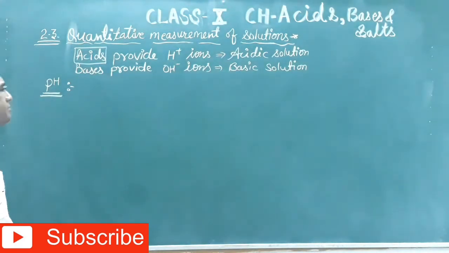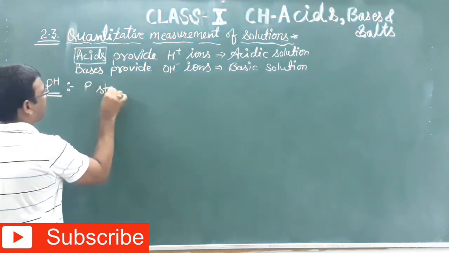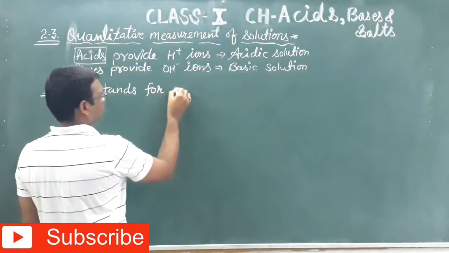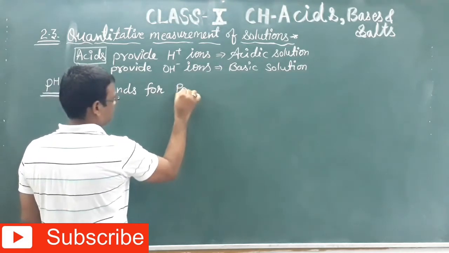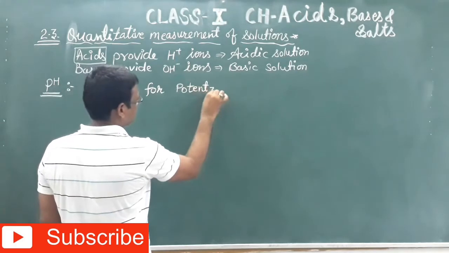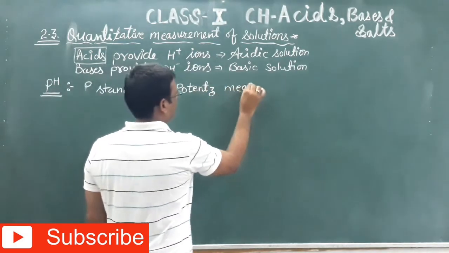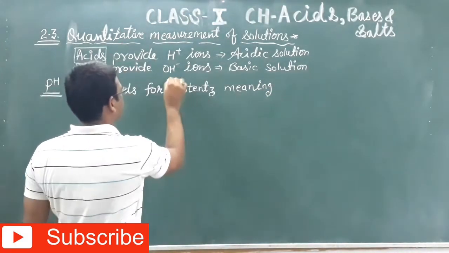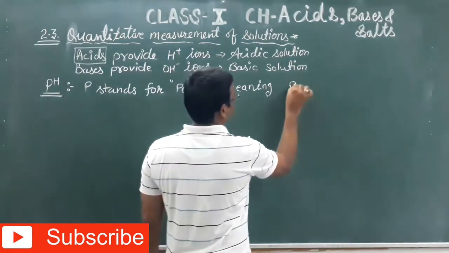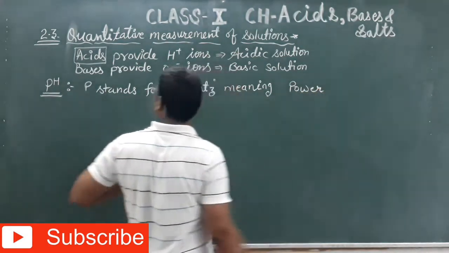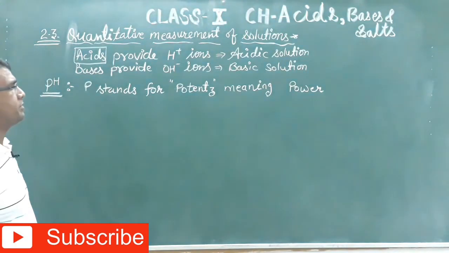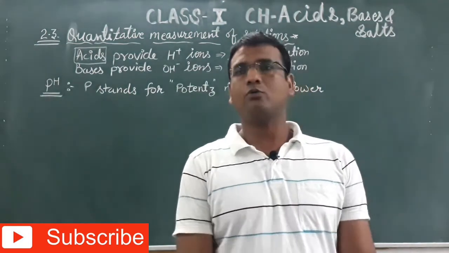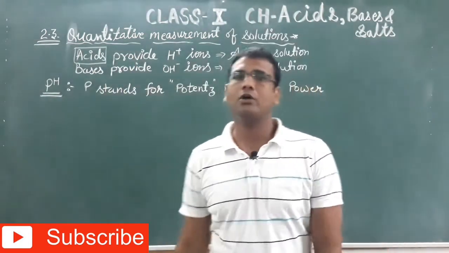In pH, P stands for potenz, a German word meaning power. So when we say pH, it means power of hydrogen. pH is the scale of strongness, a quantitative measurement of acid or base.